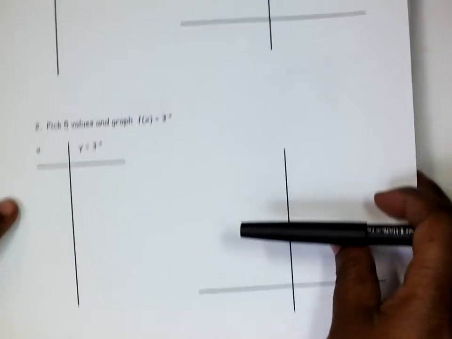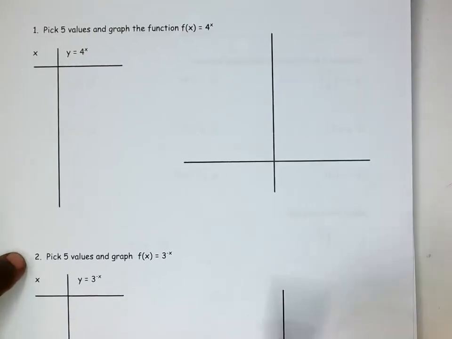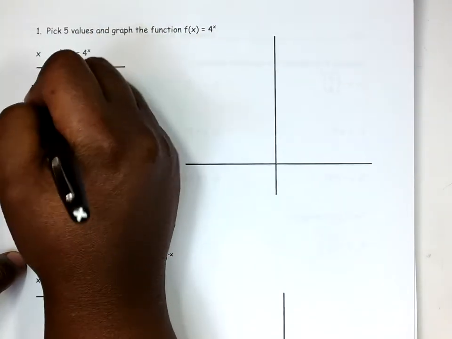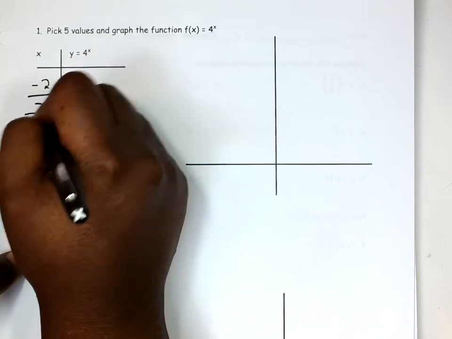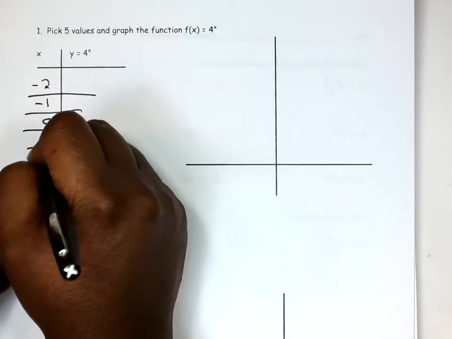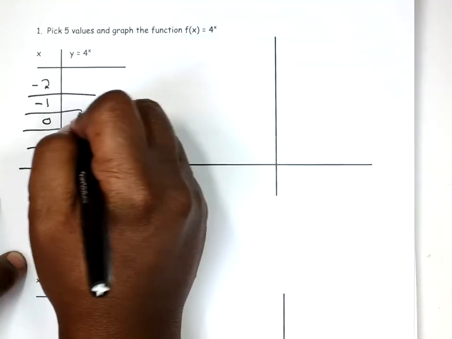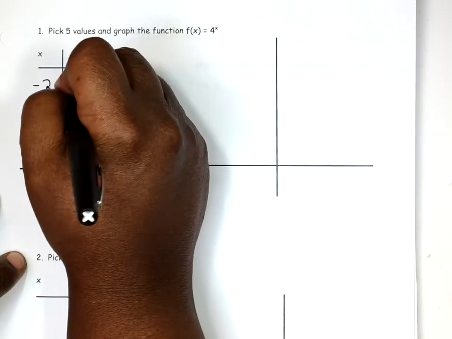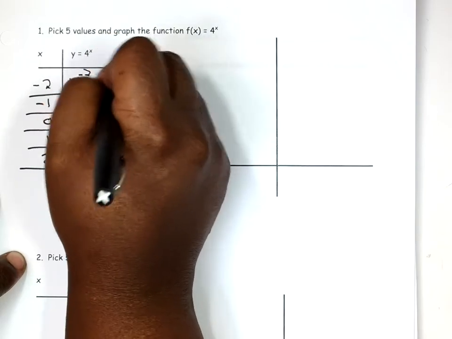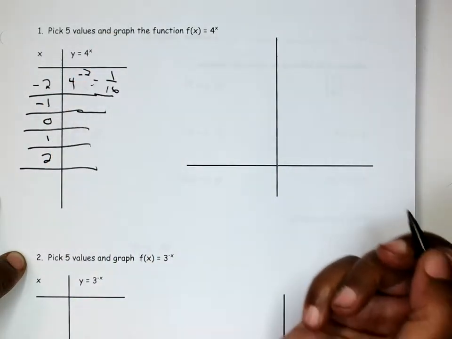So we're going to pick some values and plot them. It's always nice to use numbers that are close to the origin because we don't want our graphs to be huge. So negative 2, I get 4 to the negative 2 power, which is 1 over 16.